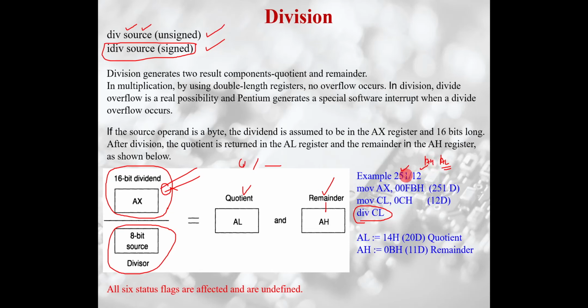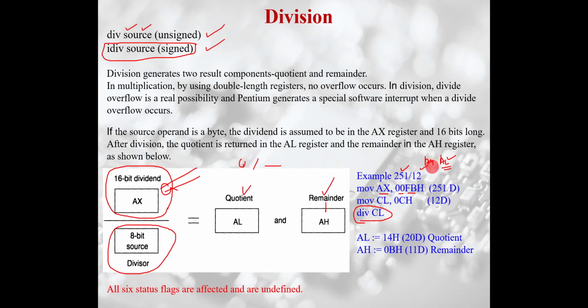So in the AX register I put 00 and FB, which stands for 251, so that the entire AX contains the required data. Don't make the mistake of assuming this is 8-bit data, so I can just push it into AL and leave AH as it is.